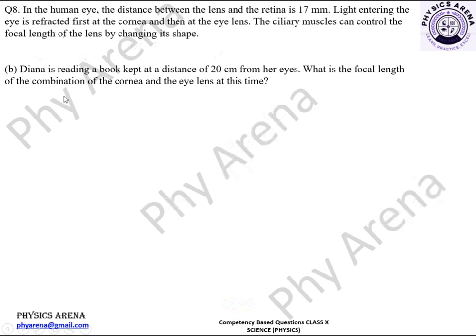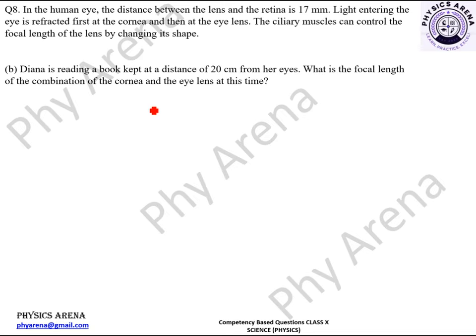Let's take part B. In part B, it says Dinah is reading a book kept at a distance of 20 centimeter from her eyes. What is the focal length of the combination of the cornea and the eye lens at this time? So now the object distance is changed, and due to that, the focal length will also change.